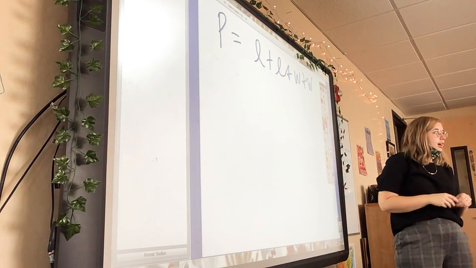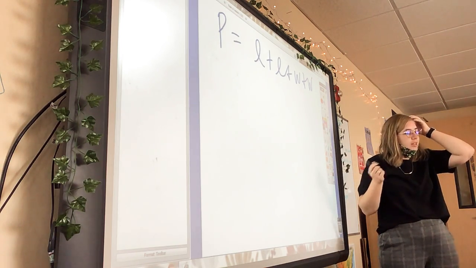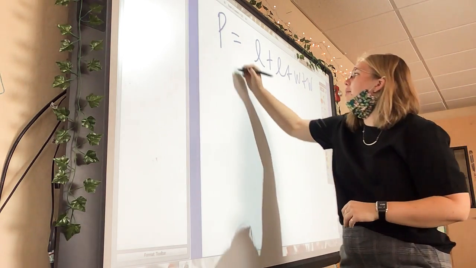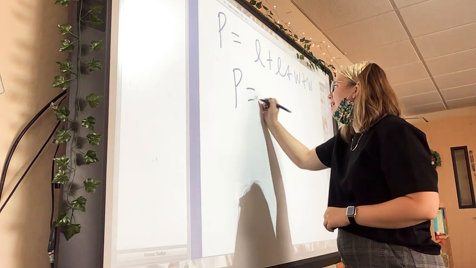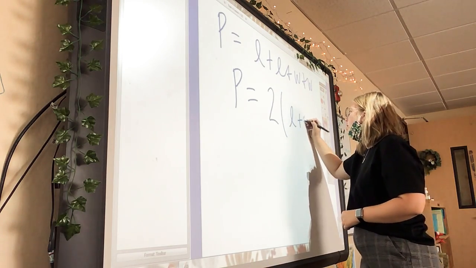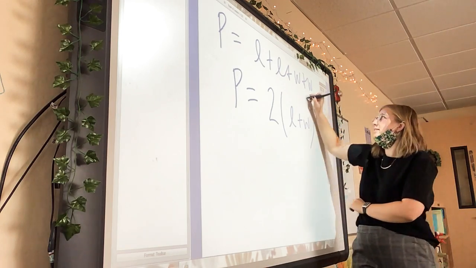So here's another formula that I'm going to have you write down on your homework today. You don't need to worry about writing it down right now, but it's going to be saying the same thing. So this says the exact same thing as this.